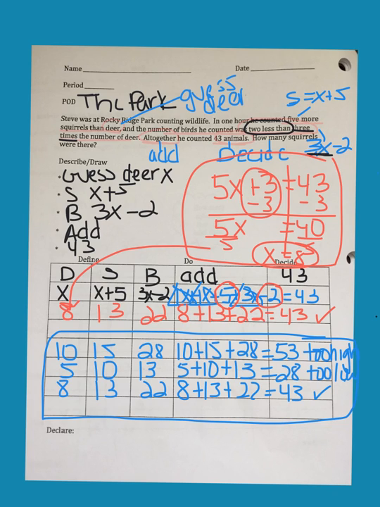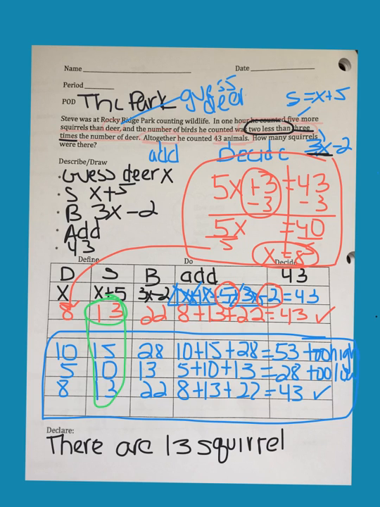So I look at my squirrels column, and I can see that there are 13 squirrels. So my declare would be, there are 13 squirrels. I don't have to include the other animals because all it wants to know is how many squirrels there are.